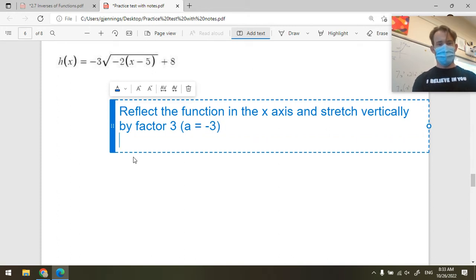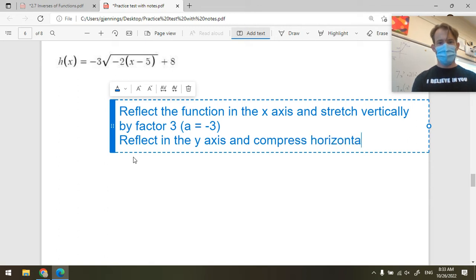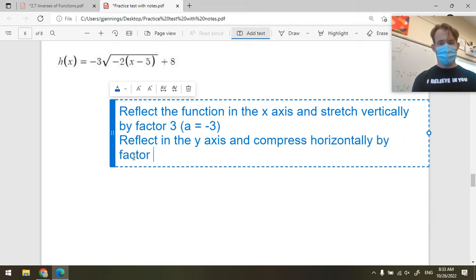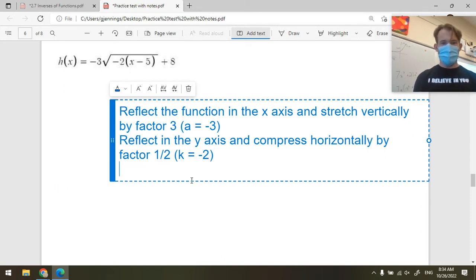And then reflect in the y-axis and compress horizontally by factor 1/2. That's a result of k being equal to negative 2. Okay, and we remember that the negatives are going to reflect, but k squeezes, so it functions like its reciprocal.